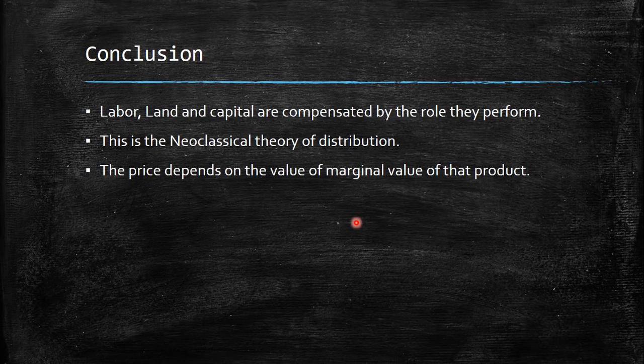And this is an important fact that you need to take to heart, because the price of any factor depends on the marginal value of that product. If this value is high, then you need to pay a lot for that.